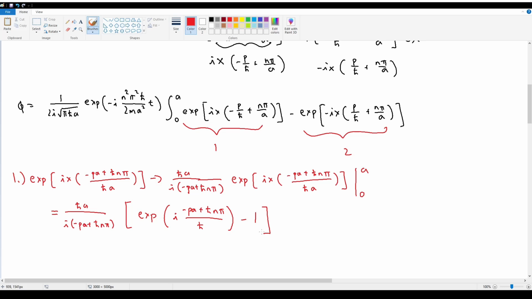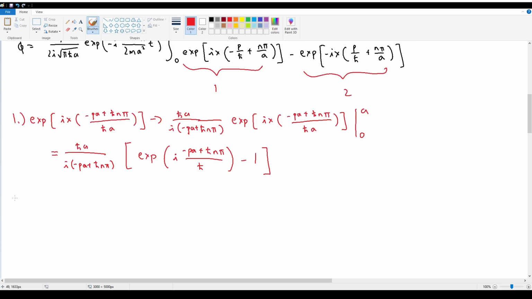Similarly, for number 2, let's also write that out fully, right?